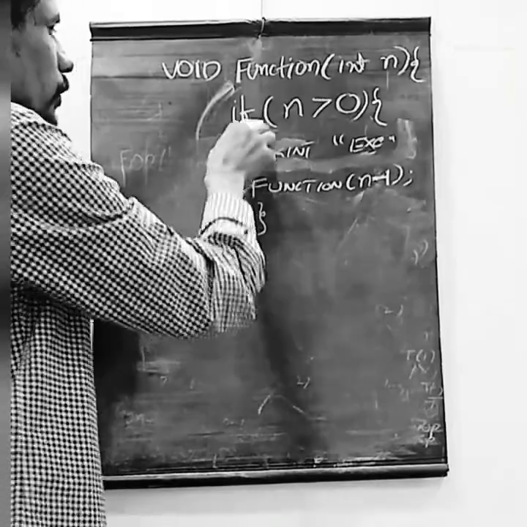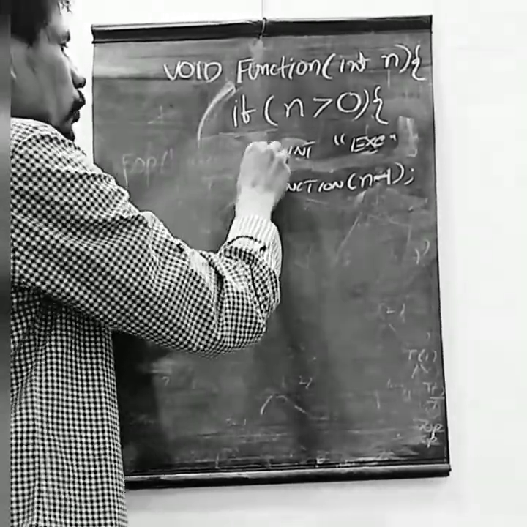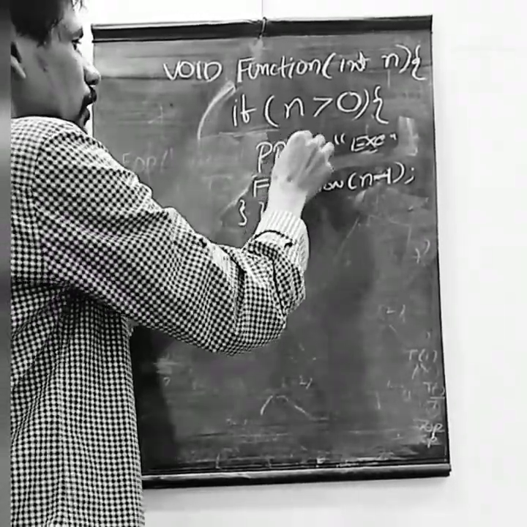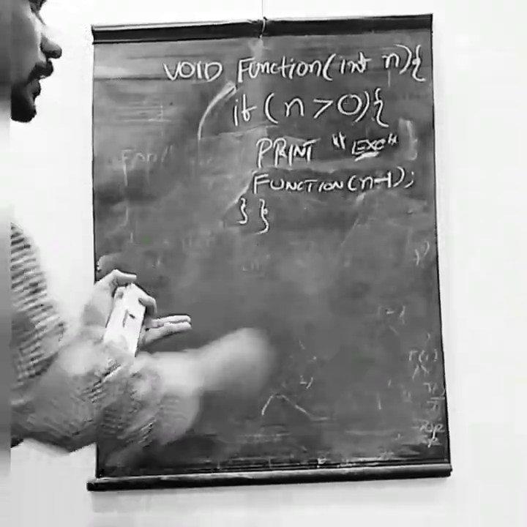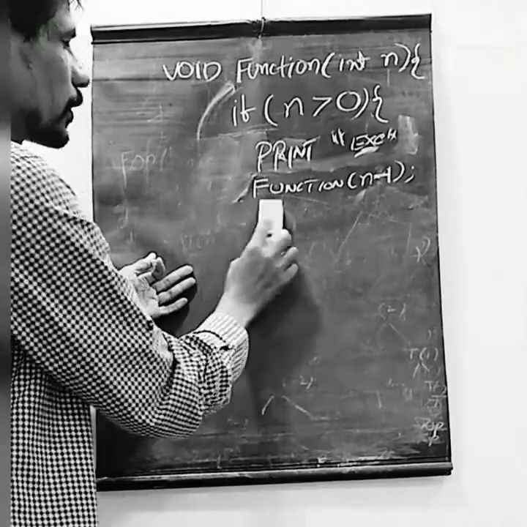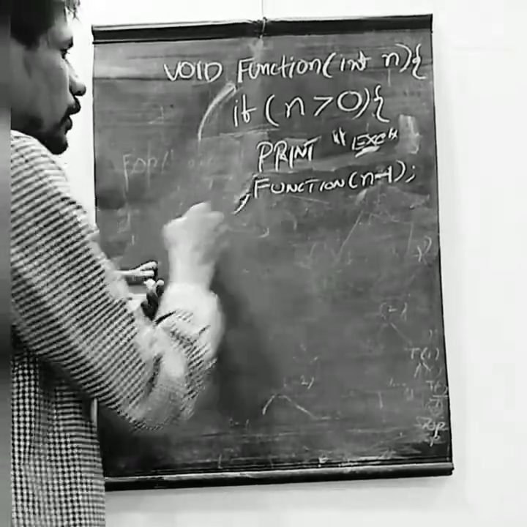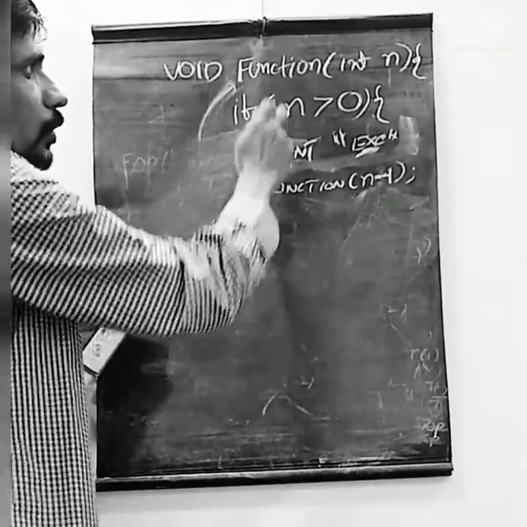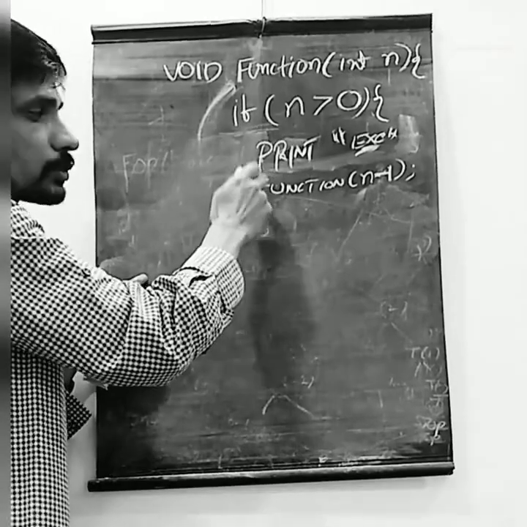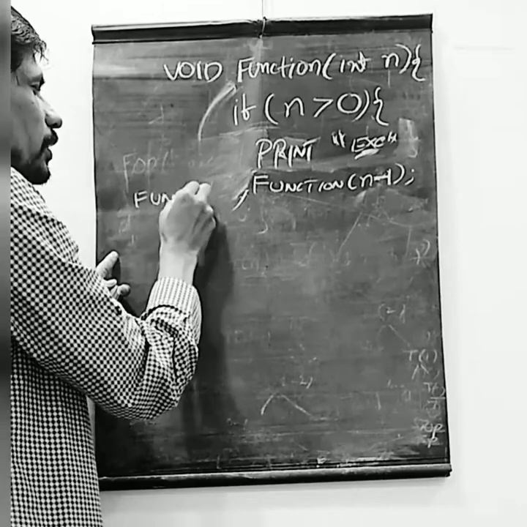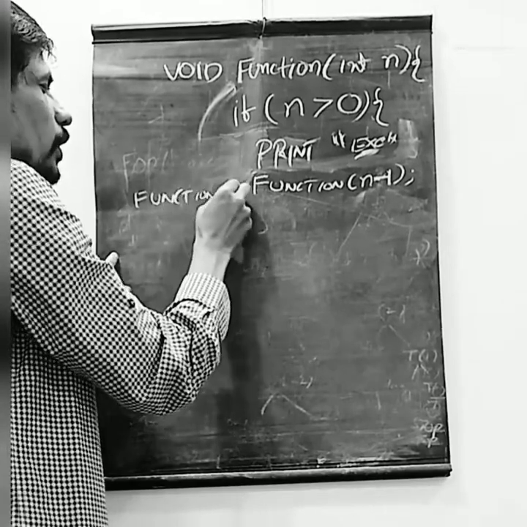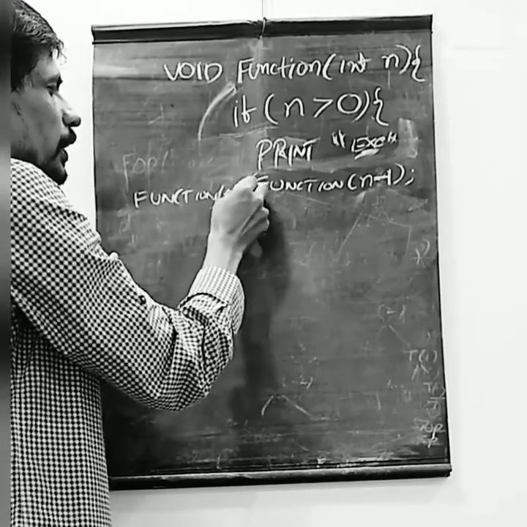We remove this and print some statement here, and we are calling ourselves using this statement, and we will call another time, not only one time, by using n minus 1.